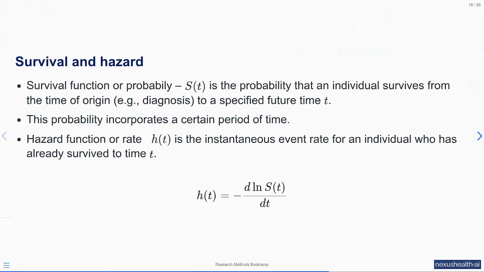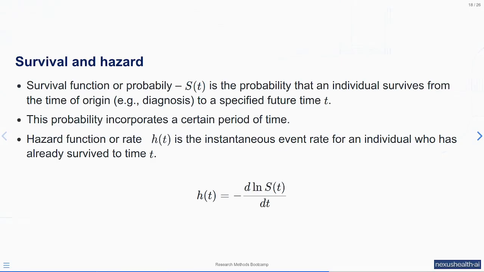So we need to look at the concept of survival and hazard. The survival function or probability is represented by the letter S(t). So the survival function is the probability that an individual survives from the time of origin, that is diagnosis, to a specified future time t. And this probability incorporates a certain period of time. The hazard function or rate is the instantaneous event rate for an individual who has already survived to time t.